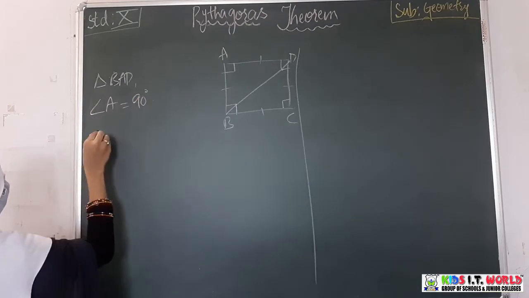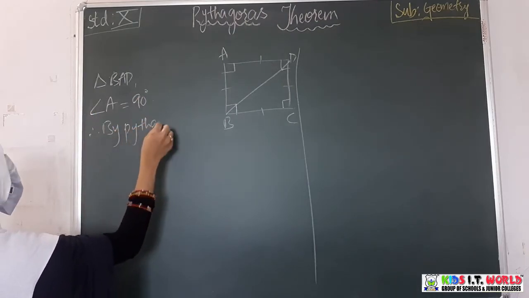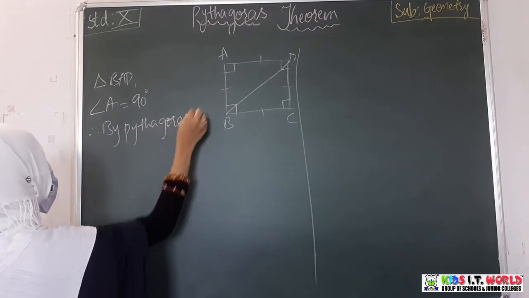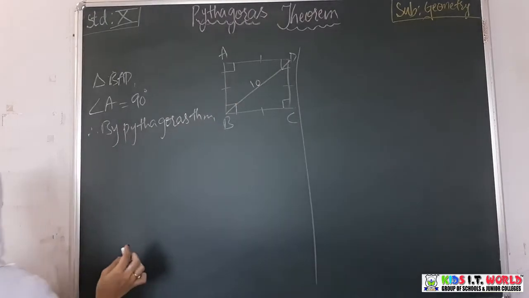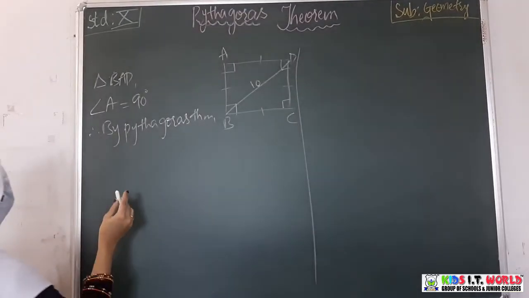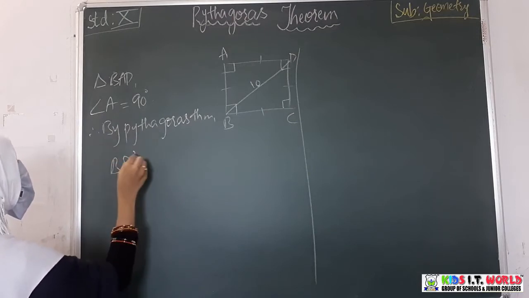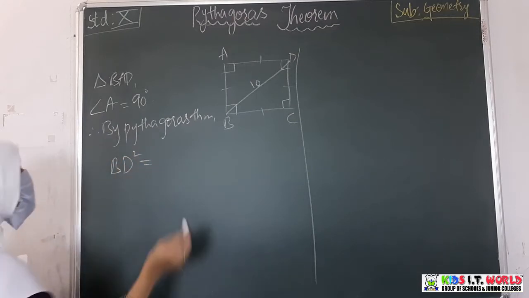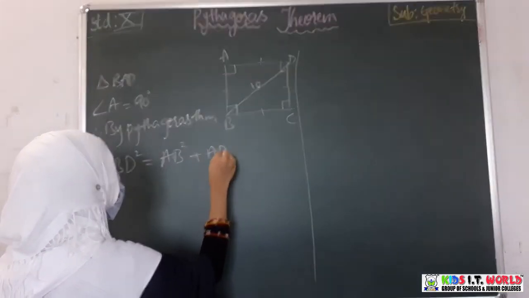Therefore, by Pythagoras theorem, its diagonal is 10 centimeters, given. By Pythagoras theorem, hypotenuse square, that is BD square, is equal to one side square plus the second side square, AB square plus AD square.